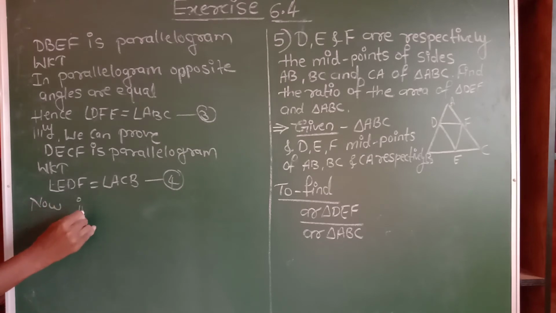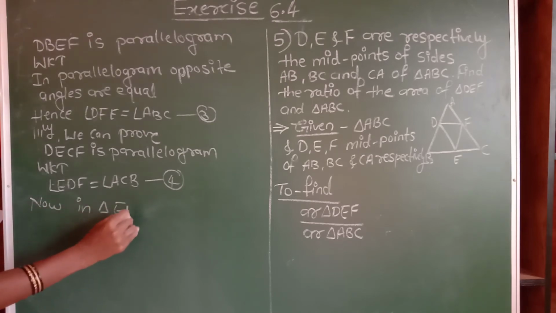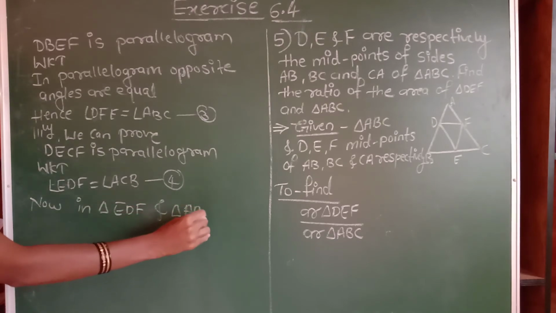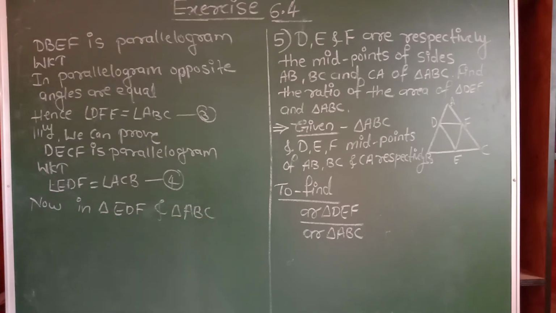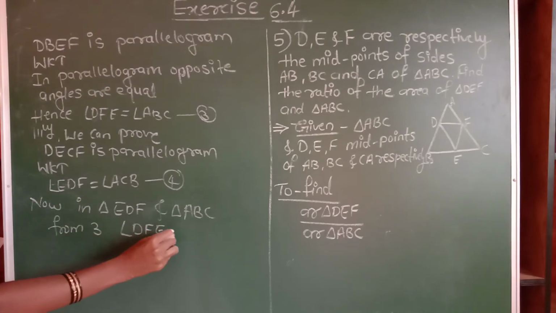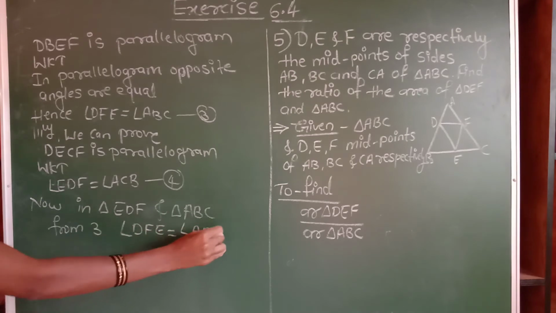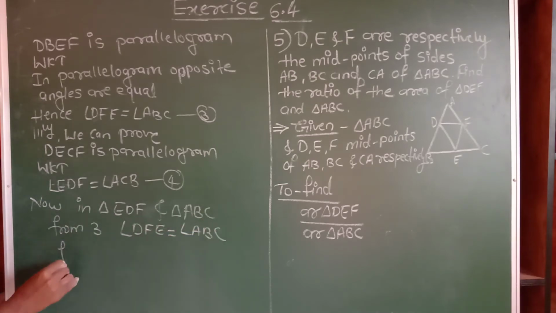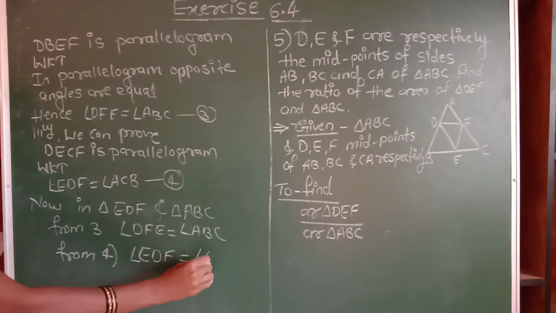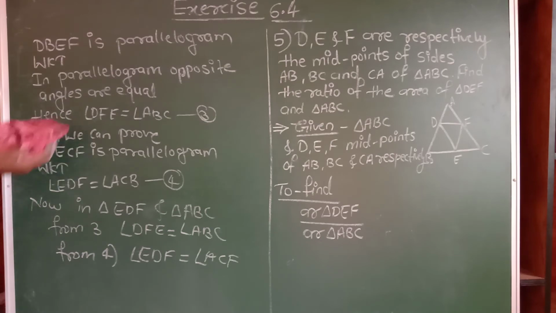Now, in triangle EDF and triangle ABC, from 3, angle DFE is equal to angle ABC. And from 4, angle EDF is equal to angle ACB.